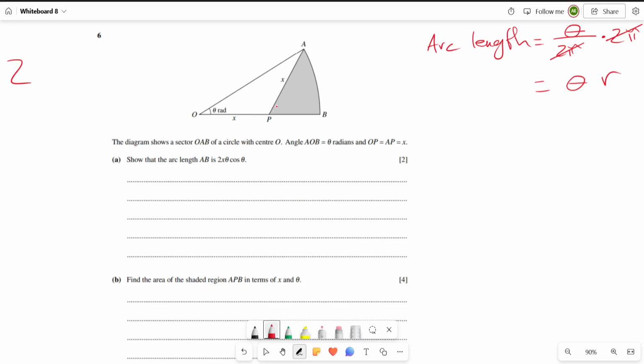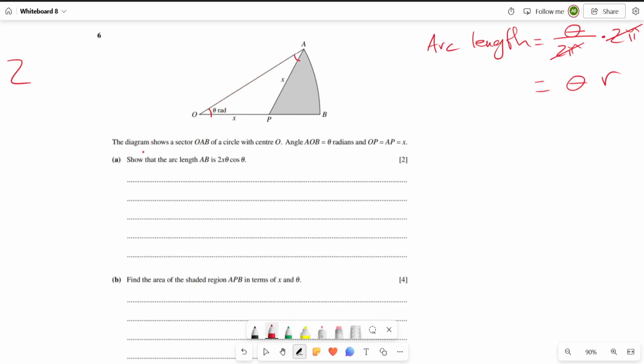I see that this is an isosceles triangle. How do I know? Because I have two similar sides. So this angle and this angle are going to be equal, because this side is opposite to this angle and this side is opposite to this angle. So the equal angles are going to be opposite to the equal sides, leaving this angle to be the different angle and this side to be the different side.